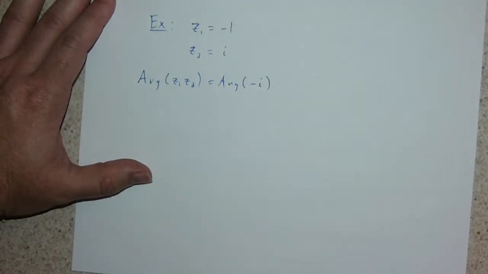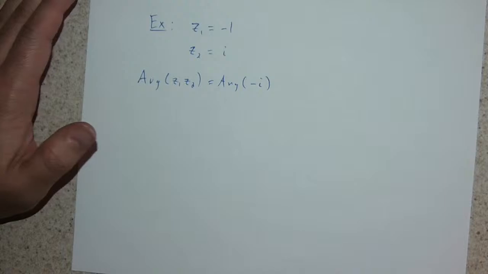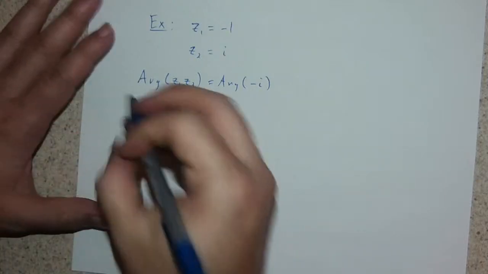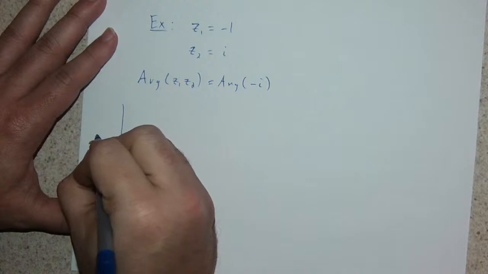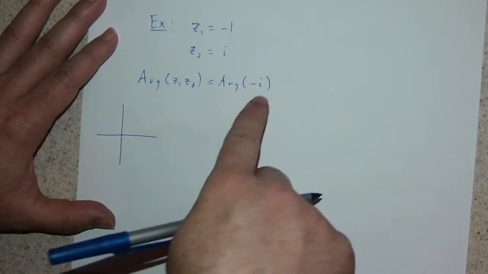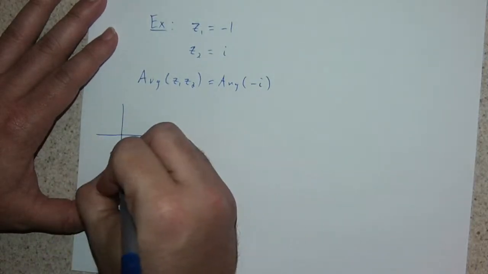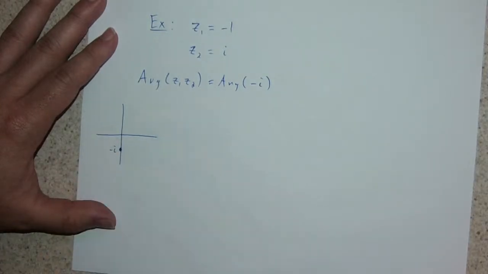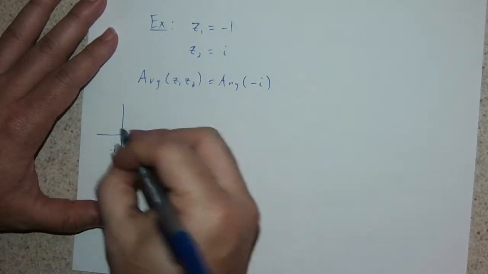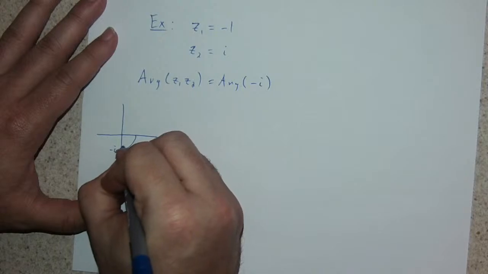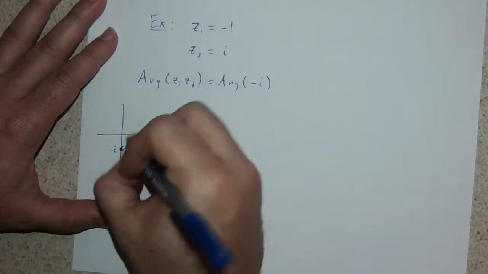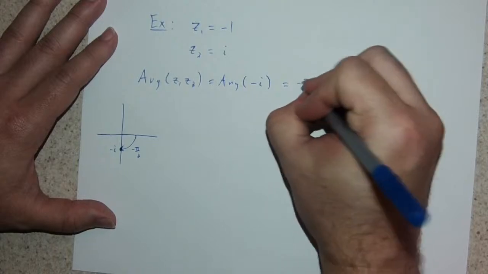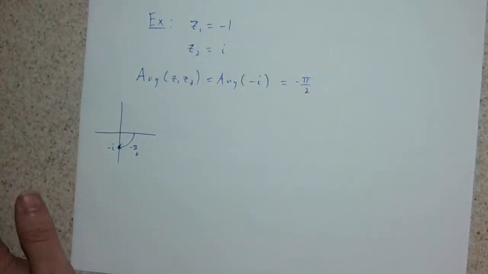What is that argument? Let's think for a second. It can be helpful to do this. Where's minus i in the complex plane? Oh, it's here. Here's minus i. So what is the principal argument here? It's minus pi over 2.